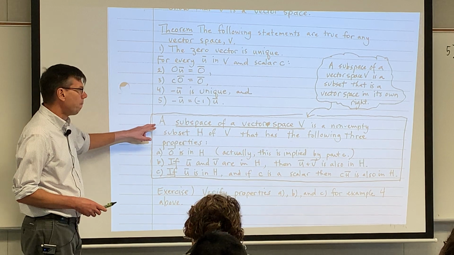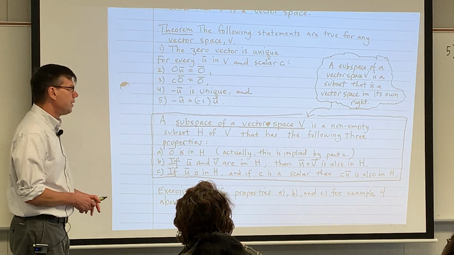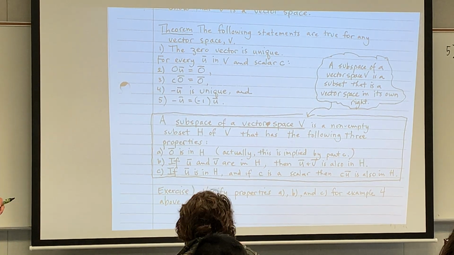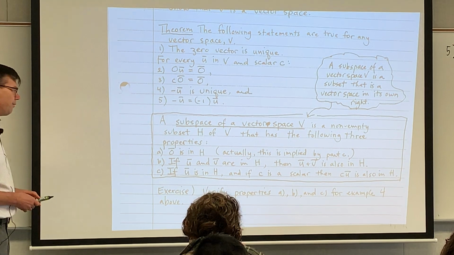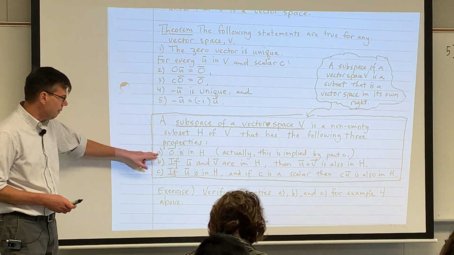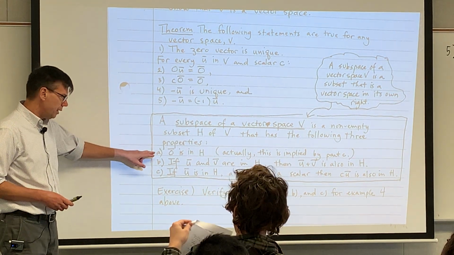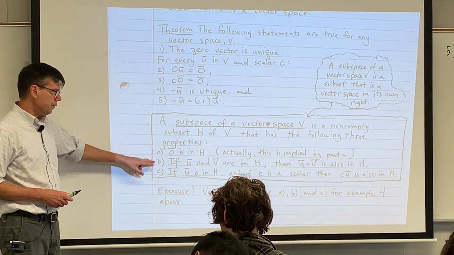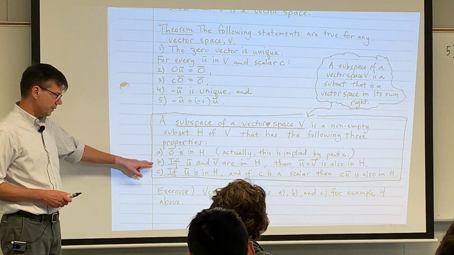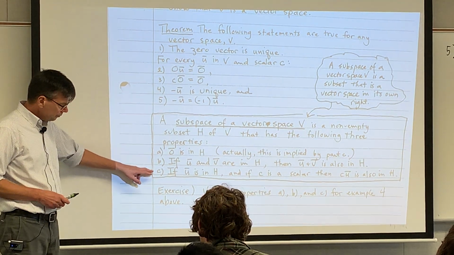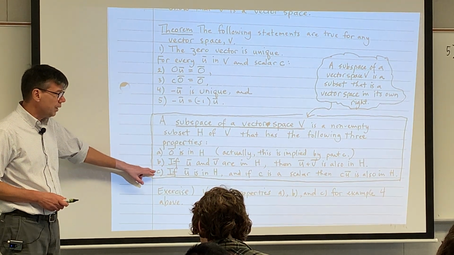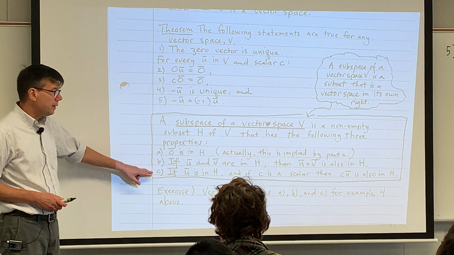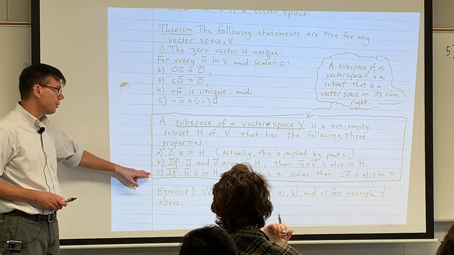A subspace of a vector space V is a non-empty subset H of V that has the following 3 properties. Number 1, 0 is in the subspace. You've got to have the 0 vector. If U and V are in H, then U plus V is also in H. And if U is in H and C is a scalar, then that scalar times U is also in H.